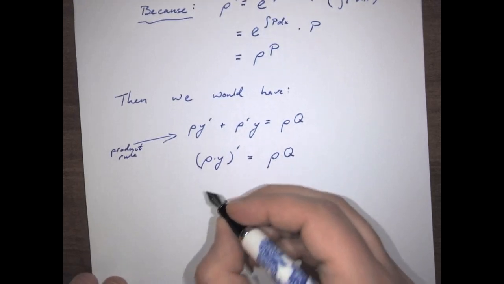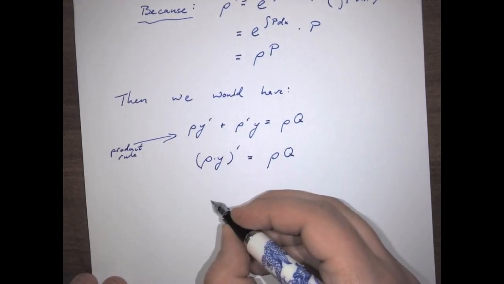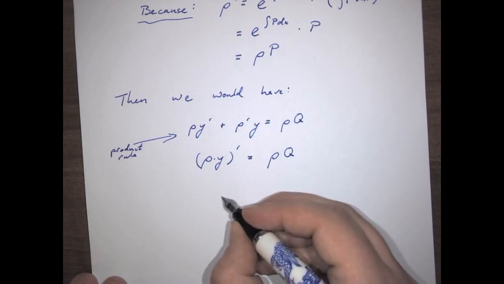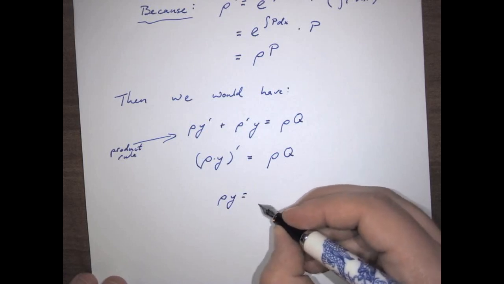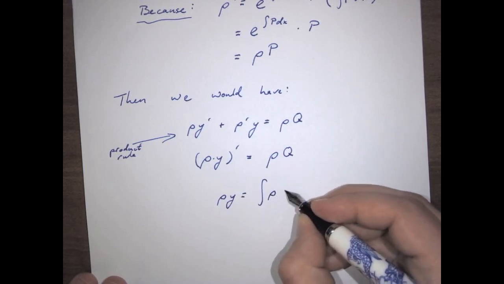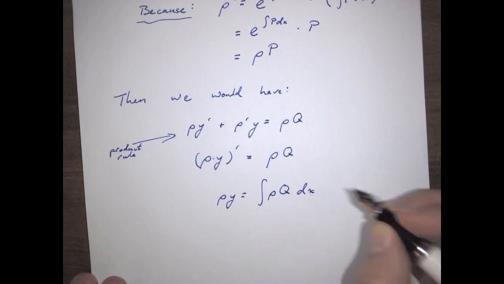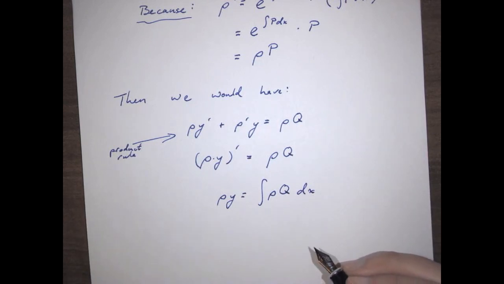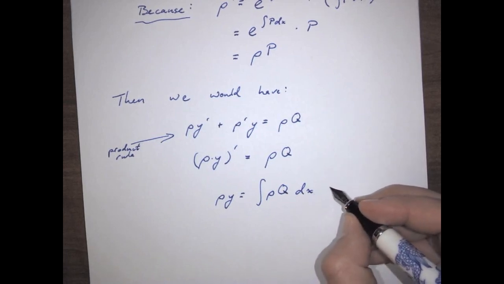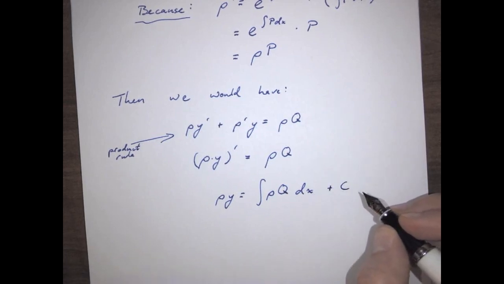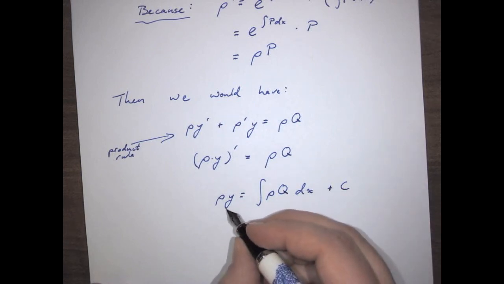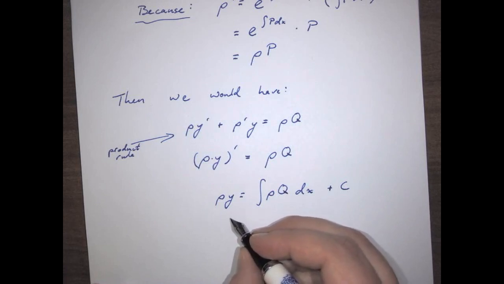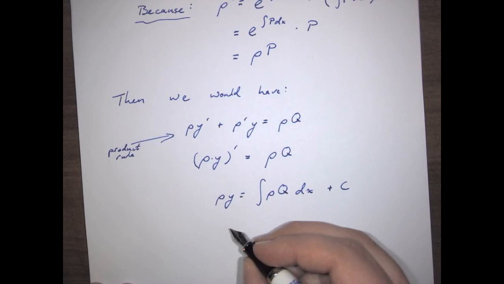Then we can anti-differentiate both sides and get rho times y is equal to the integral of rho q dx, plus c. And then we can solve this for y by multiplying by rho to the negative 1, in other words, dividing by rho.